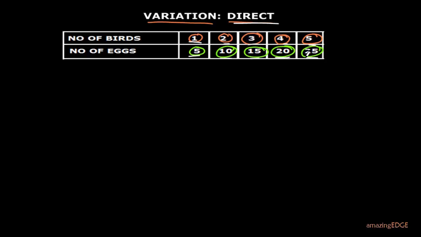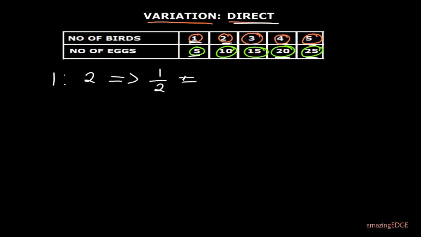Then, in this kind of thing, when you talk about variation, something has to be constant. For instance, let's look at the ratio. If you consider a ratio of 1 bird to 2 birds, this is the same as 1/2.